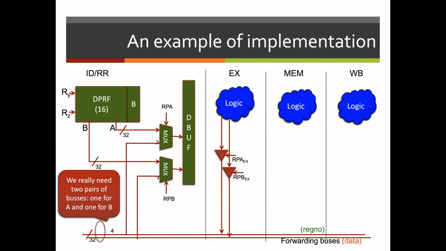For each stage we see here, we'll need to have the other stages be able to compare any of the results for their destination register with the register numbers on the 2 register buses.